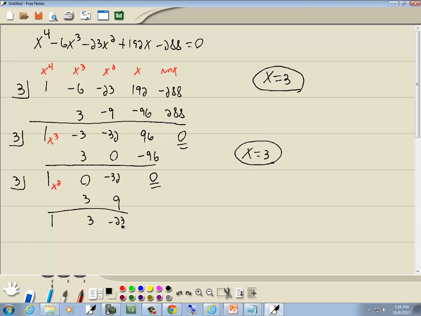It's not 0, is it? Since this isn't 0, that isn't our third answer. It fails. Which is okay. We found it twice, and we're now down to the x squared level. This is x, and this is our no x, our constant term.